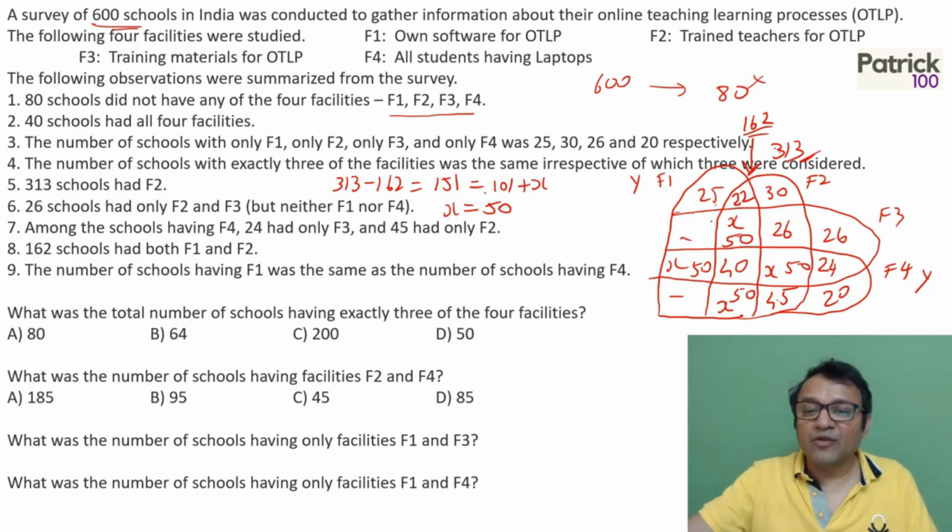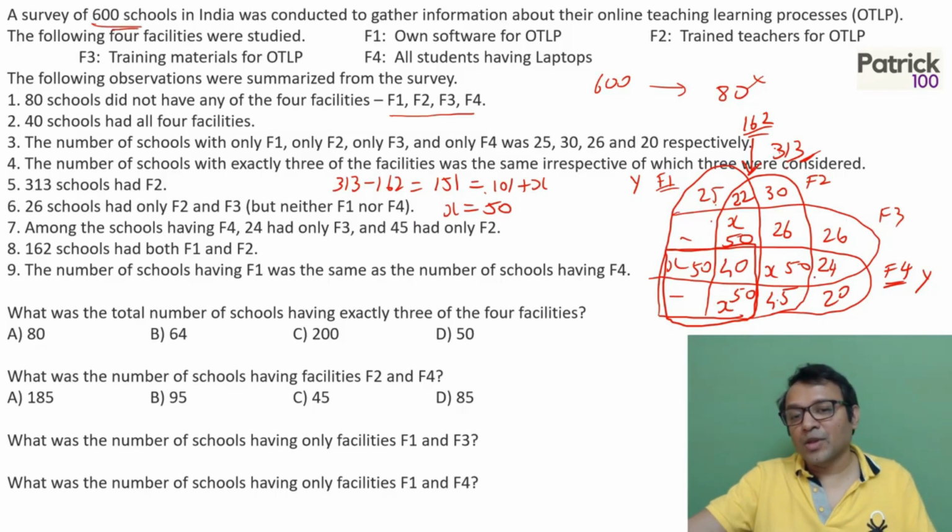If you remove the common part between F1 and F4, the remaining part in both cases should be equal, because the total of F1 and the total of F4 are equal. So what is the remaining part of F4? 50 plus 45 plus 20 plus 24, which is 139.